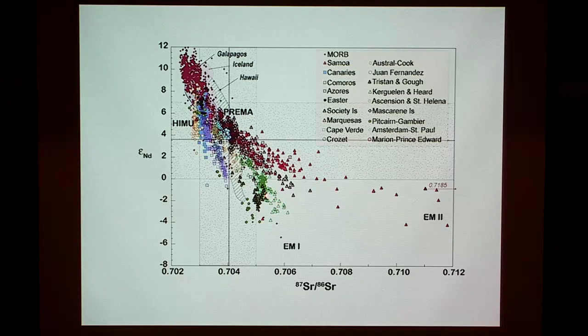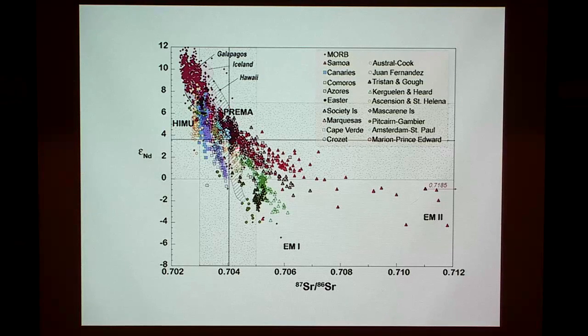I think I've got this. This is Pitcairn and Gambier in the Pacific. The Azores, Samoa and Society generally plot along here. The Azores, or at least one of the islands there, also plots along that trajectory. Very different trajectories there. Each of these things occupying a part of this diagram.